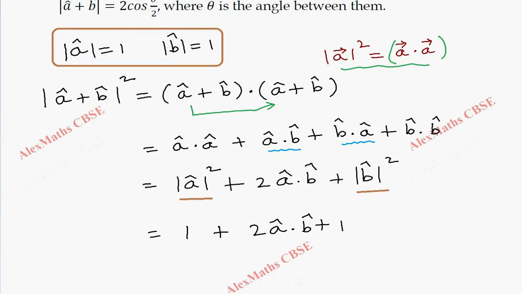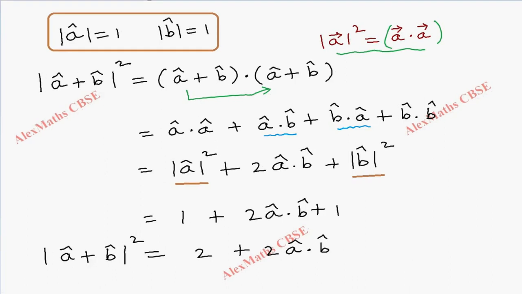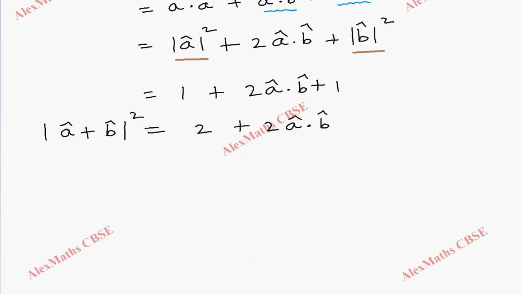So finally in the left hand side we have magnitude of a cap plus b cap whole square equal to, in the right hand side, 1 plus 1 is 2, plus 2 times a cap dot b cap. Now we are going to apply the formula for a cap dot b cap. So once again all these things are written as it is.